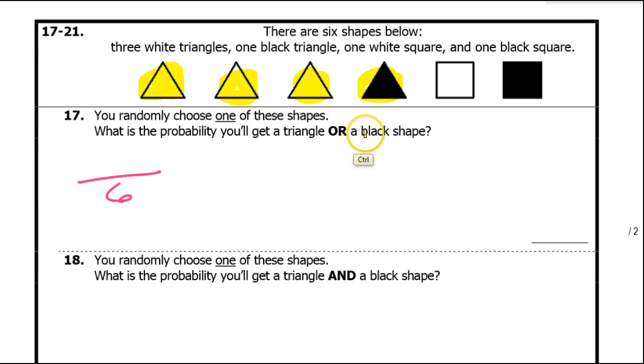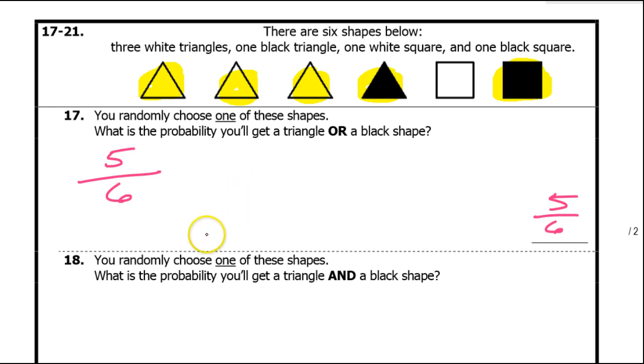Now in addition to that, are there any shapes that are black? Yeah, there's one here. So everything I just highlighted is part of the target. When you are doing or, you just highlight everything that is mentioned. So that's 5. So the probability is 5 out of 6. That doesn't even reduce.